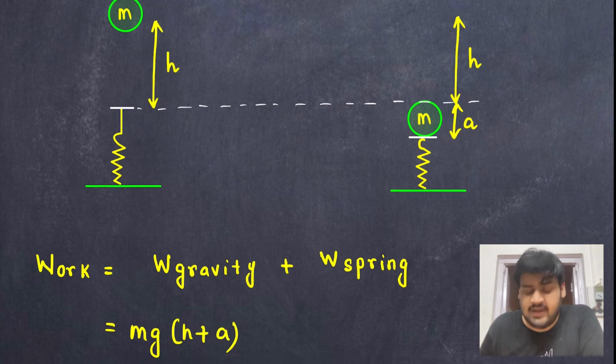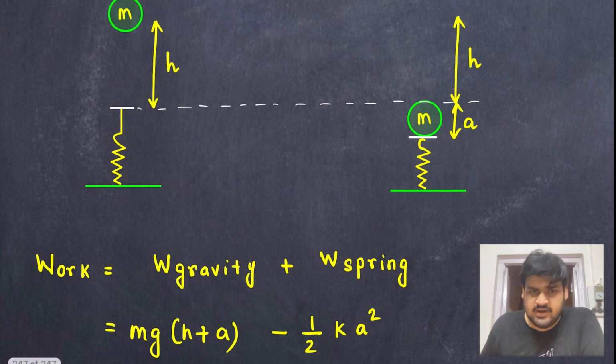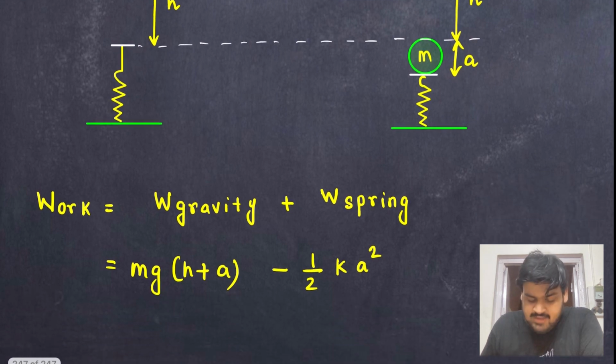And we know that the work done by the spring is minus half k delta x whole square, where delta x is the distance by which the spring is compressed or extended. Here the spring is compressed by a, so delta x is a. So the net work done will be mg(h + a) minus half k a square.